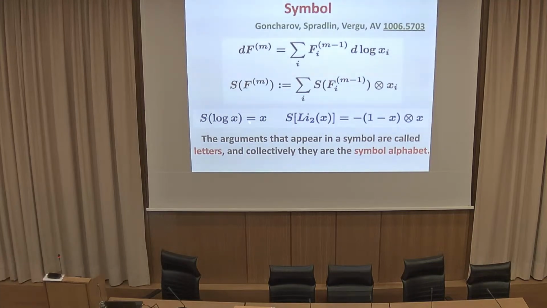Again, let me illustrate that with this example. For example, if you take a function log x, its symbol is x. So you have a function of some variables, and I'll be projecting it in some clever, well-defined way into something called a symbol alphabet, which means the singularities of these complicated amplitudes.